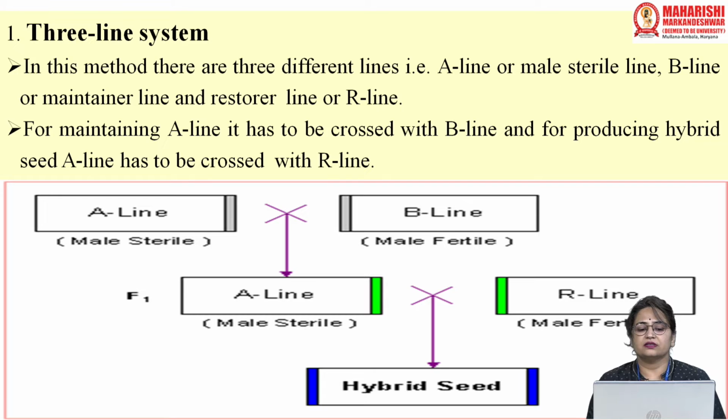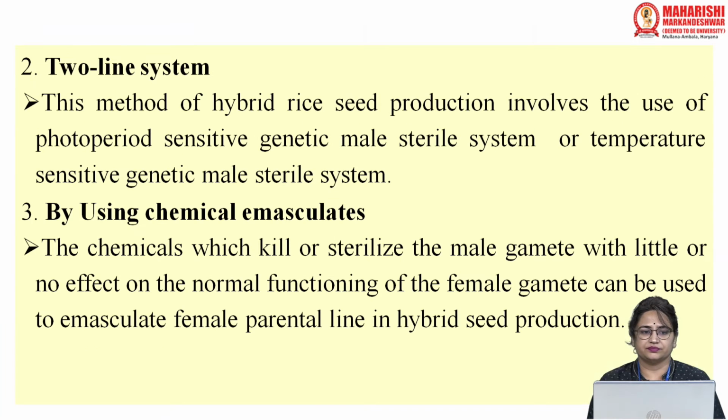Then A line is crossed with the R line. The A line is formed, but it is again sterile. To restore the fertility, we have to cross A line with the R line, which is male fertile, and then the hybrid seed is produced. In this way we can produce the hybrid seed of rice using the 3-line system.